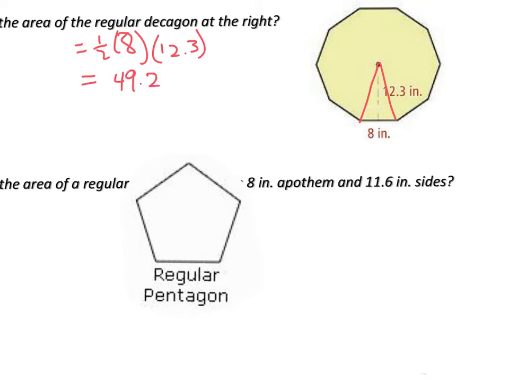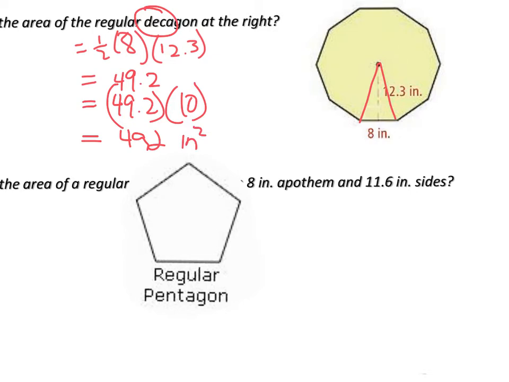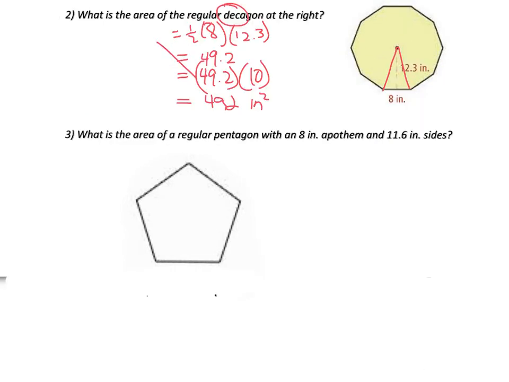So that's one triangle, but then we have 10 triangles because of the decagon. So 49.2 multiplied by the 10 triangles, we're going to have a total area of 492 square inches. Now take a moment to calculate the area of this regular pentagon with an 8-inch apothem and 11.6-inch sides.